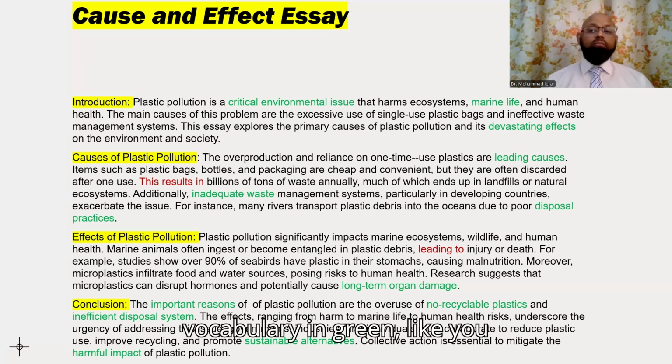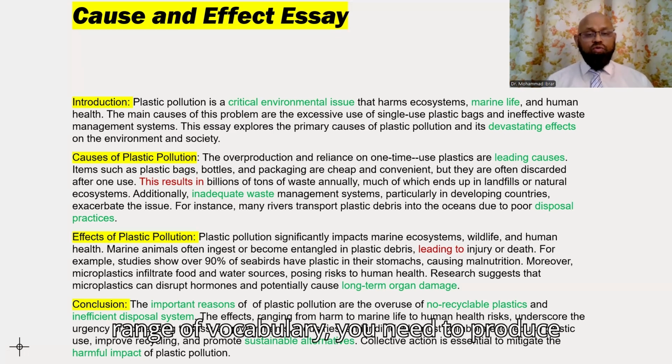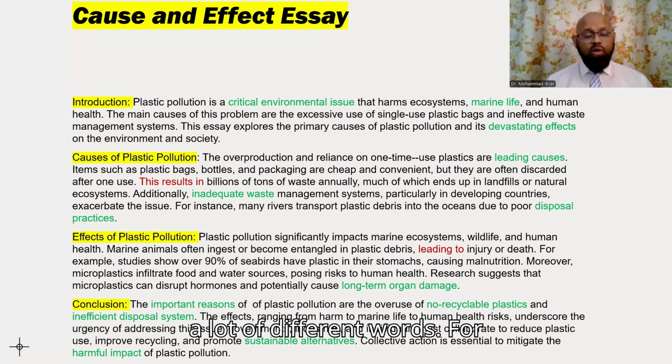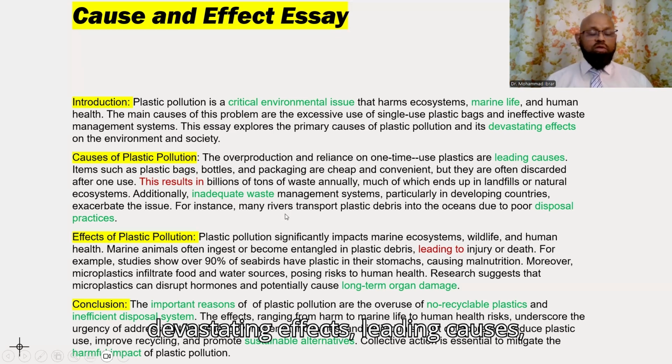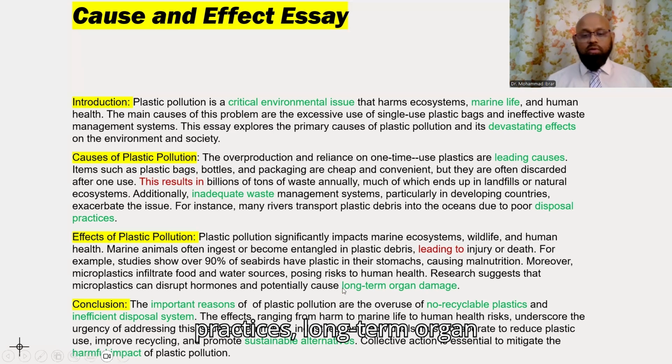I have highlighted vocabulary in green, like you see. When you look at range of vocabulary, you need to produce a lot of different words. For example, see powerful adjectives like critical environment issue, marine life, devastating effects, leading causes, inadequate waste disposal practices, long-term organ damage, important reasons, non-recyclable plastic.